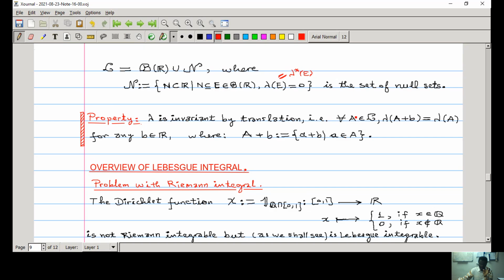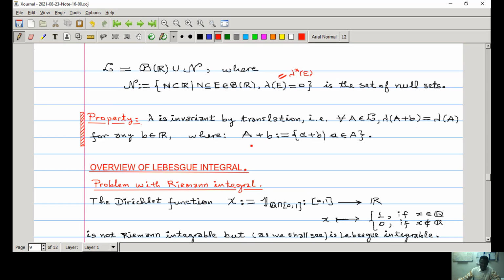If I translate a Lebesgue set like this one, and compute the measure of the translated set and of the original set, the two values will coincide.